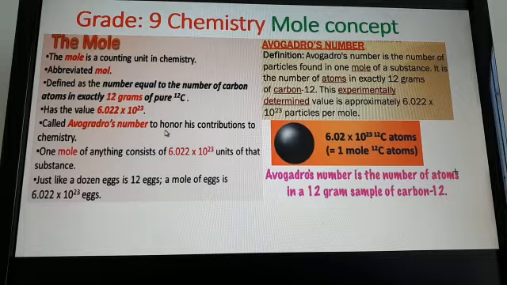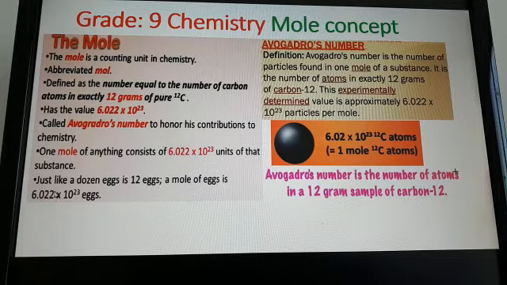It is named in honor of his contribution to chemistry, the Italian scientist Amedeo Avogadro. One mole of anything consists of 6.022 × 10^23 units of that substance.